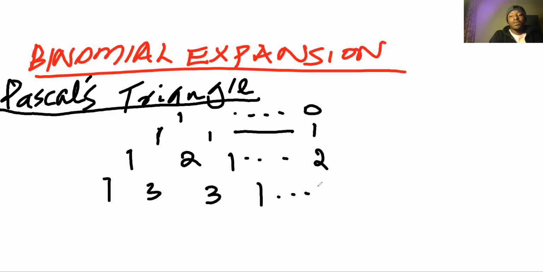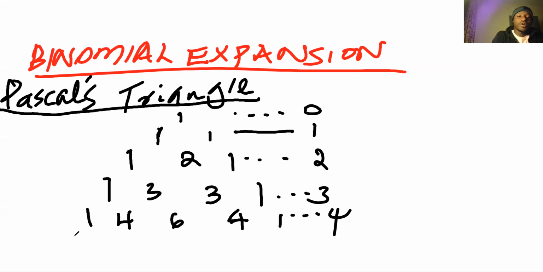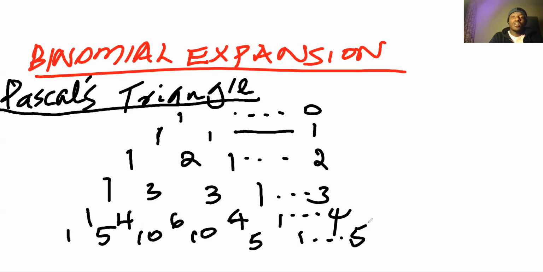So this is row 3. Then you have 4. You have 1. So 1 plus 3 is 4. 3 plus 3 is 6. 3 plus 1 is 4. For the fifth one, it will be 1. 1 plus 4 is 5. 4 plus 6 is 10. 6 plus 4 is 10. 4 plus 1 is 5. So this is row 5.